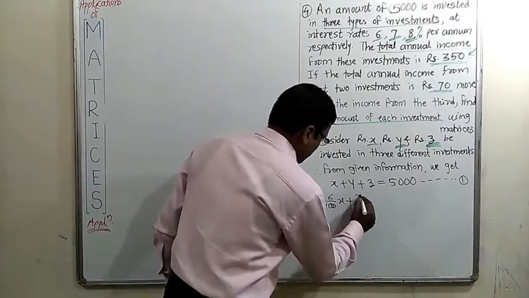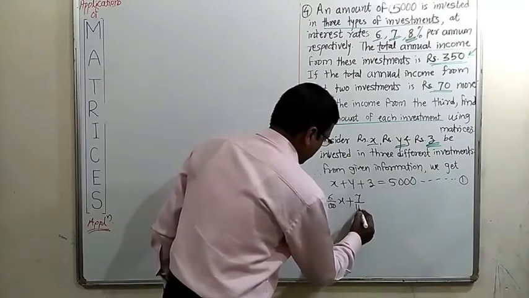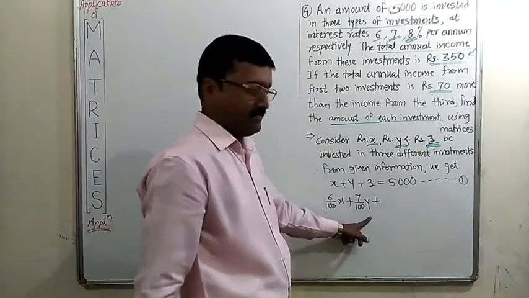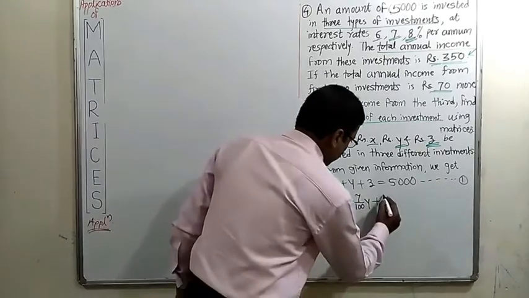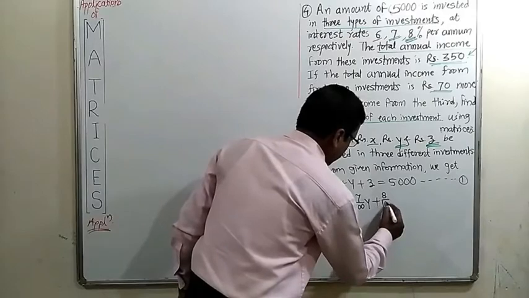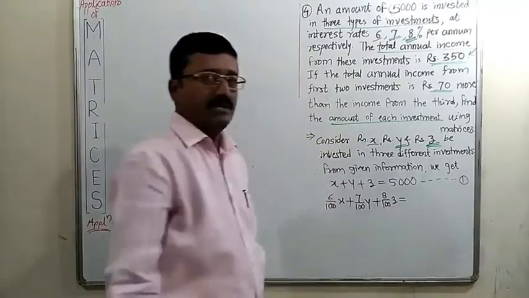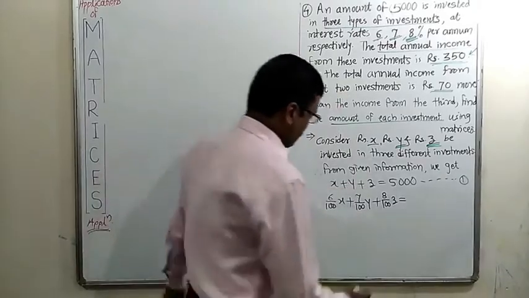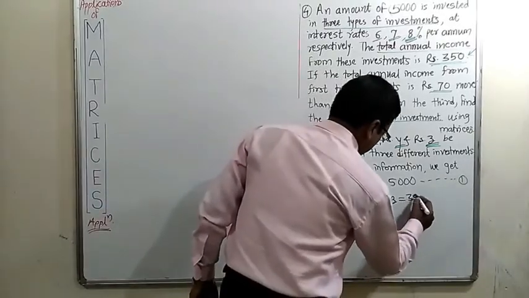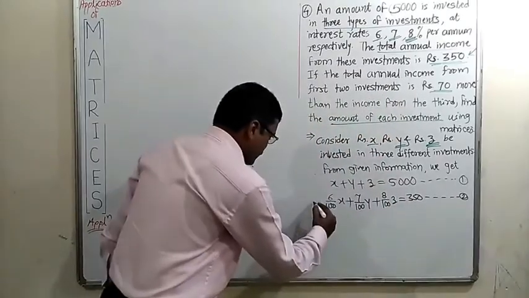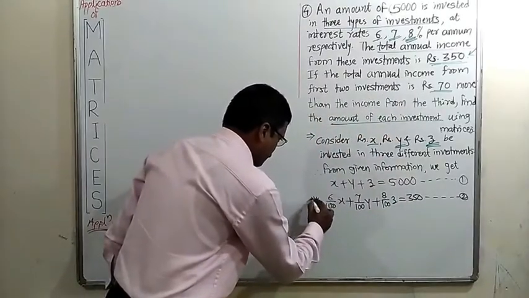Similarly, at the rate of 7%, the interest on Y will be 7 by 100 Y, and the interest on Z will be 8 by 100 Z, and this total income from 3 investments is given rupees 350. So on the right, we will get 350. Is it okay?